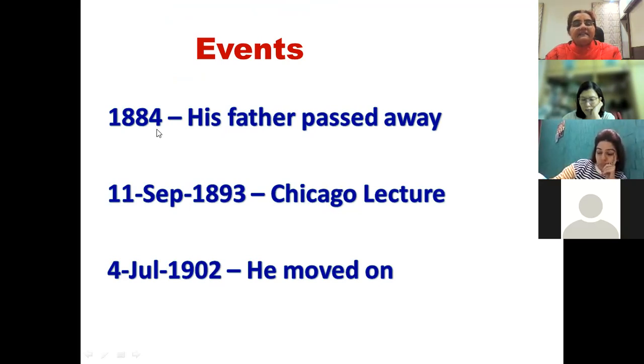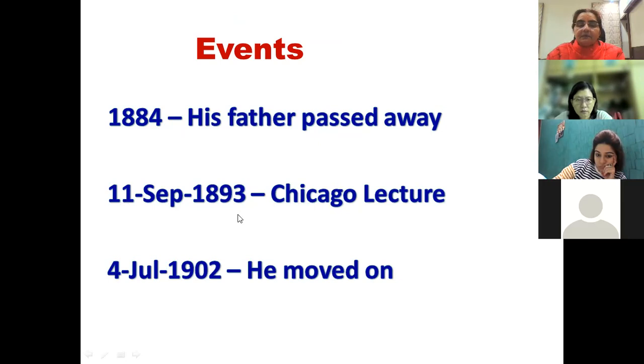He was just 20 years old, not even 21 completed, or maybe, since he was born in January, it would have been completed. So at the age of 21, his father passed away, and all the burden of earning bread and butter was on his shoulders.